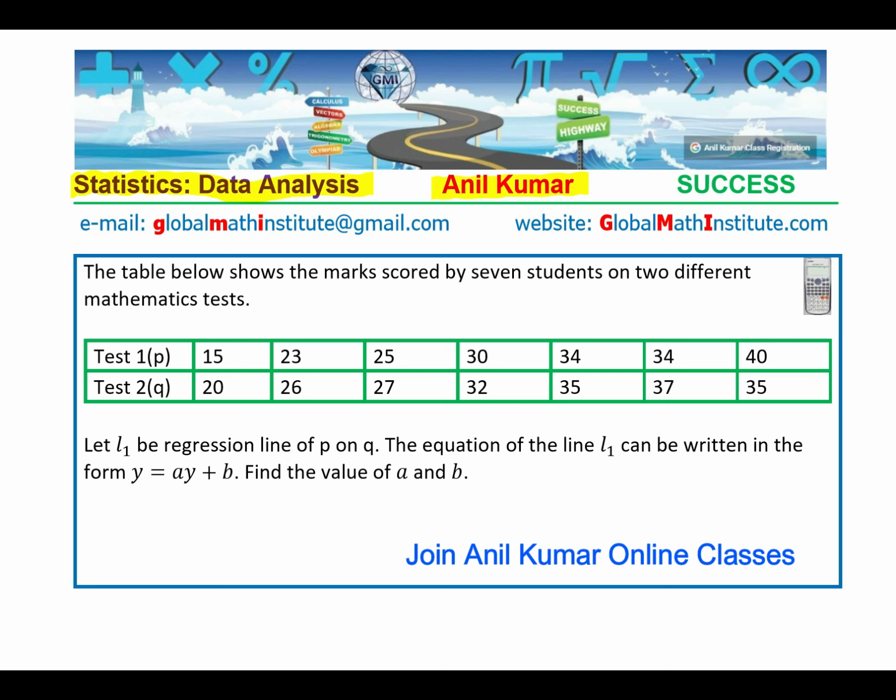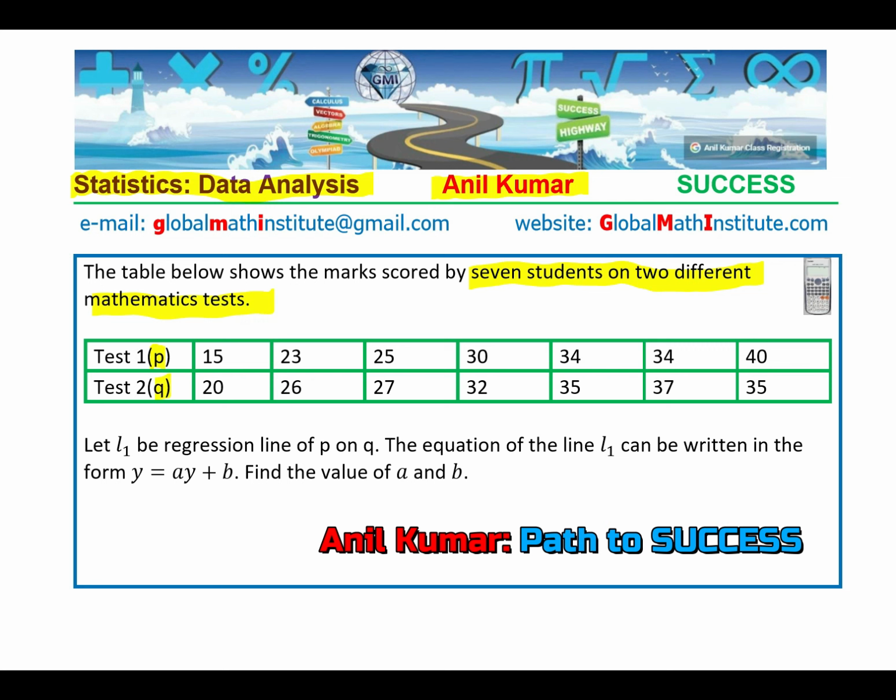So let's get to this very beautiful question shared by our student. The table below shows the marks scored by 7 students on 2 different mathematics tests. Test 1, which I'm calling P, and test 2 as Q. So 15, 20, 23, 26, 25, 27, 30, 32, 34, 35, 34, 37, 40, 45.